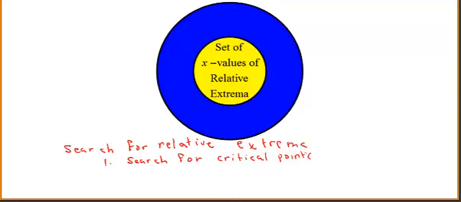Then two, once we've found the critical points, we know that someplace among them are the x values of relative extrema.